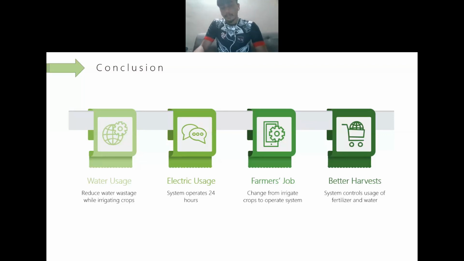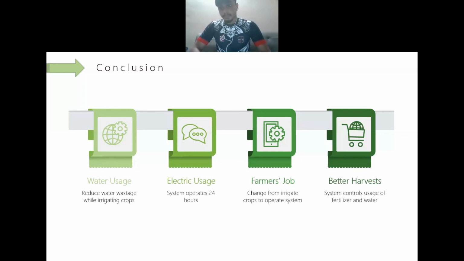And the third one is the farmer's job, changing from irrigating crops manually to an automated system. It will be easier and lessen the burden for farmers, where they don't need to keep an eye on their crops all the time. And the fourth and last one is better harvest.